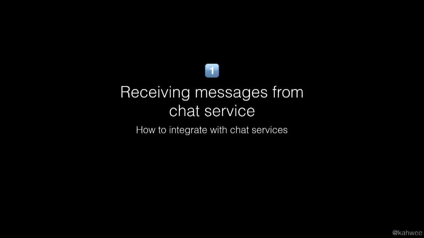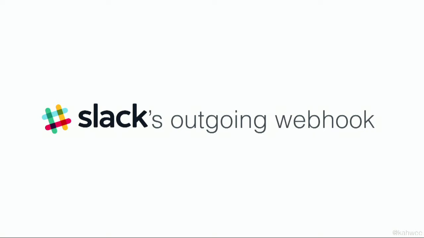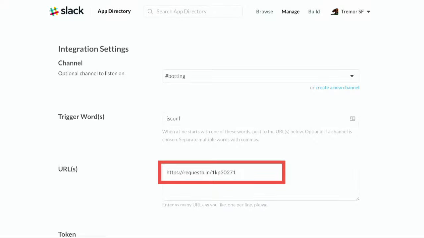First is to figure out the integration part. Your go-to thing is to read the documentation, which tends to be a bit confusing sometimes. What I did was to start by using RequestBin. If you go to this URL, that's how I learned how to start doing Slack's outgoing webhook. In Slack, you have this thing where you can fill in a URL.